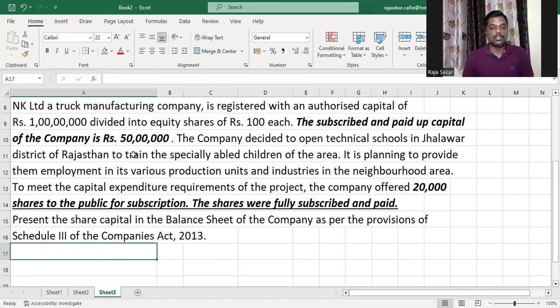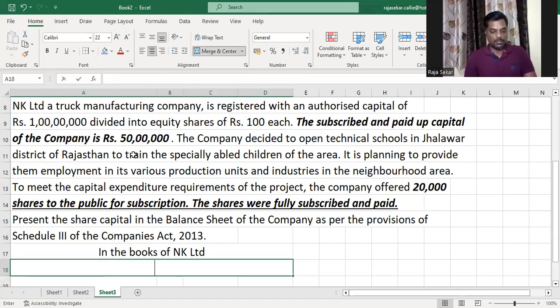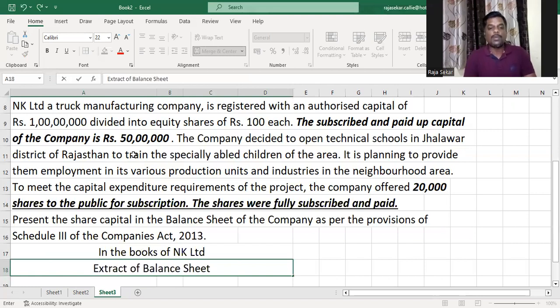Irrespective of what it is, the first thing that we do while solving questions like this is always prepare the face of the balance sheet. So you write in the books of NK Limited, extract of balance sheet. It's an extract of balance sheet because we're not preparing the entire balance sheet.